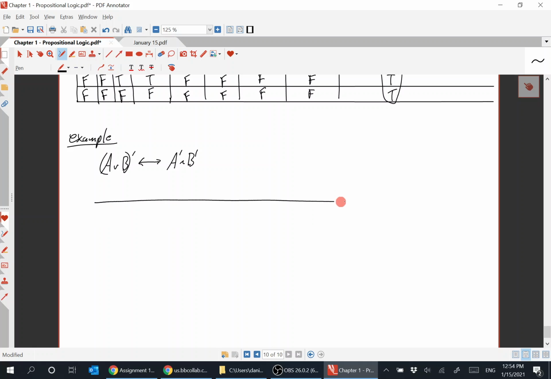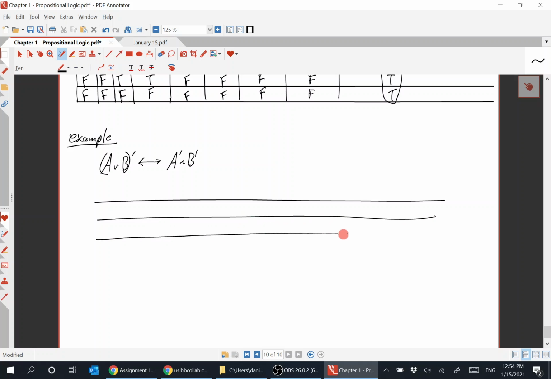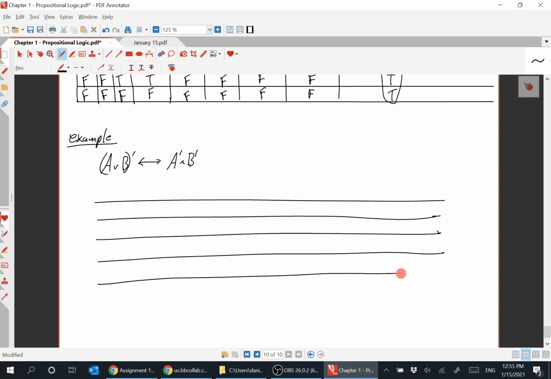So here the truth table only needs 4 rows, because there's only 2 propositional variables. So the combinations are like this.